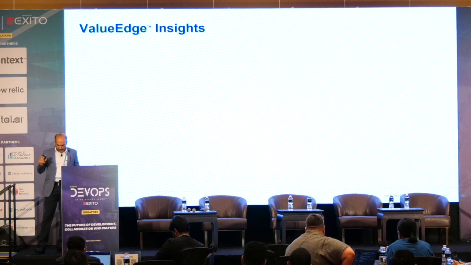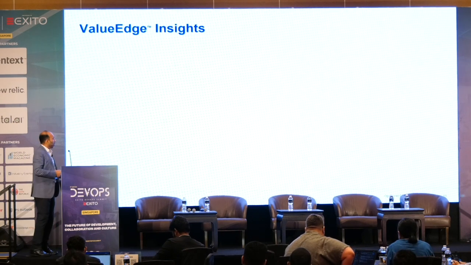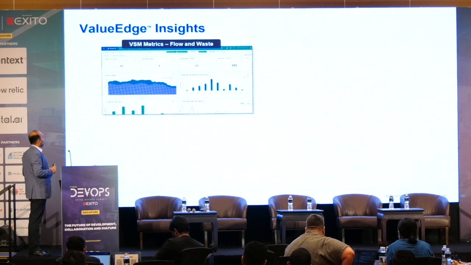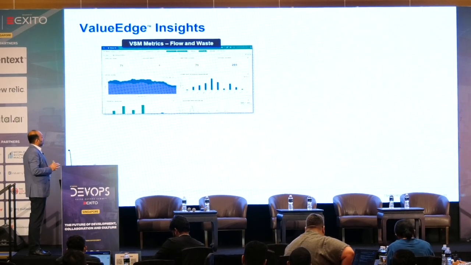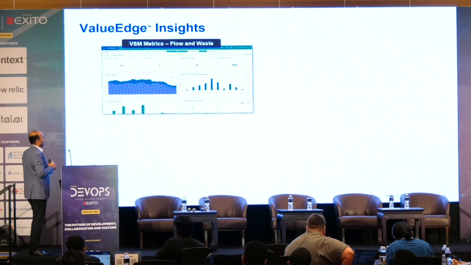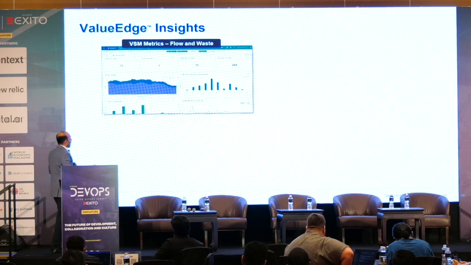Okay, with all the modules together, finally it comes to analytics. ValueEdge Insight gives you very unique metrics that can help you measure so many things we discussed here. Number one is flow and waste. So the flow metrics and wastages.